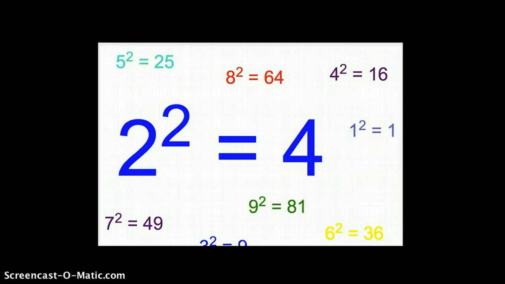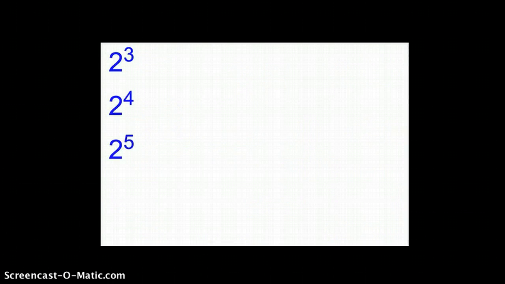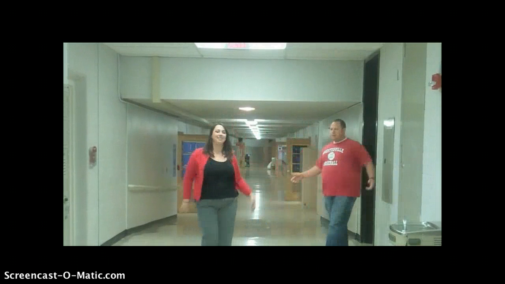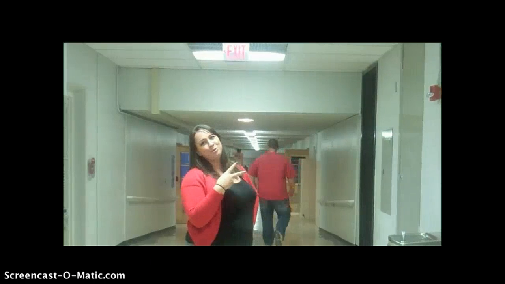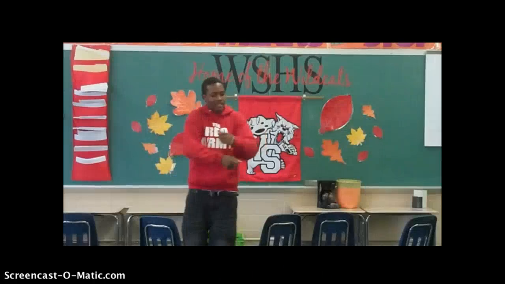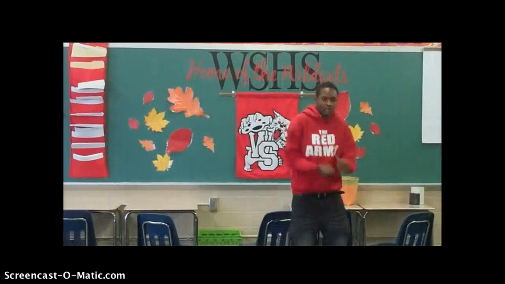What if it's a 3 or 4, 5, 6, 7, or maybe something more? You just take the base, then look up high. The number is the times you need to multiply. We got the base multiplying away, showing how to write it another way.